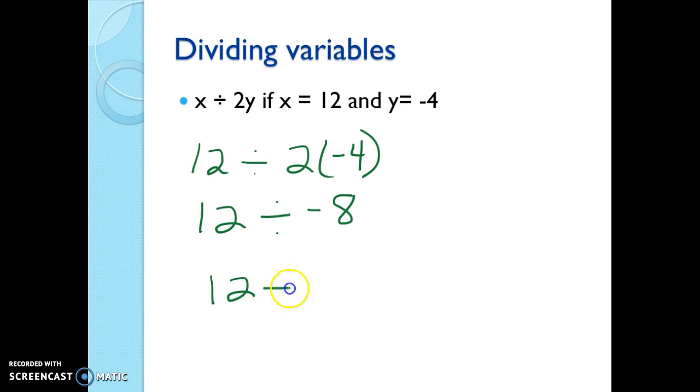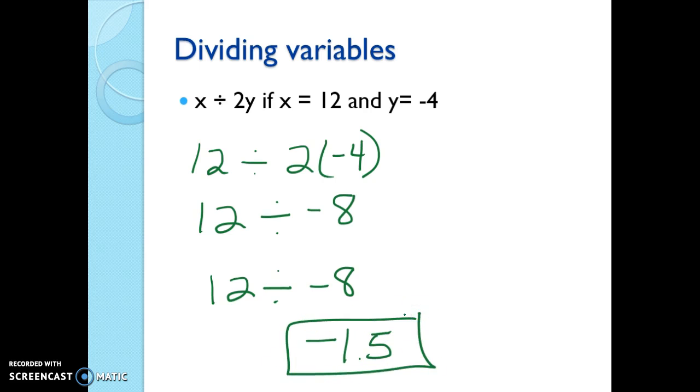What is 12 divided by negative 8? We know that our answer is going to be negative because we have a positive and a negative. And if we have something that doesn't match, we are going to have a negative relationship. 12 divided by 8 is equal to 1.5. Our answer is negative 1.5.